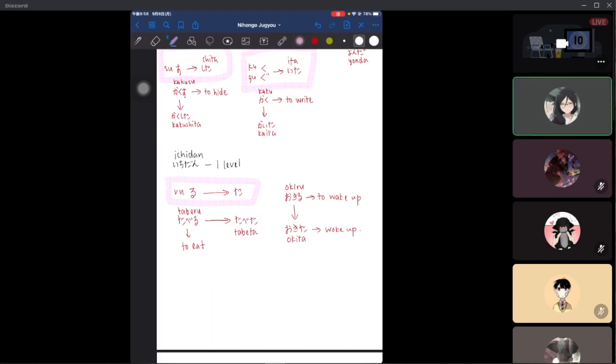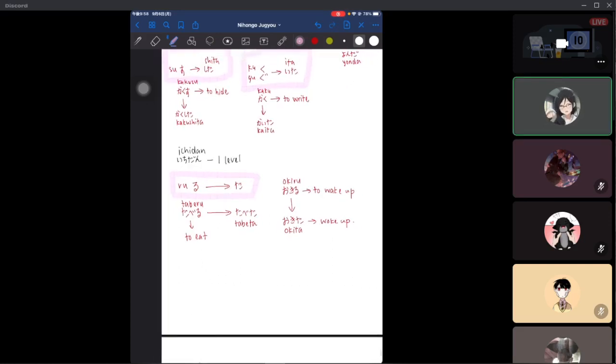However, for the irregular ones, you have to remember how to conjugate them. So for the irregular verbs, basically we have suru and kuru. For suru, to conjugate it into a short form past tense, it will just become shita.